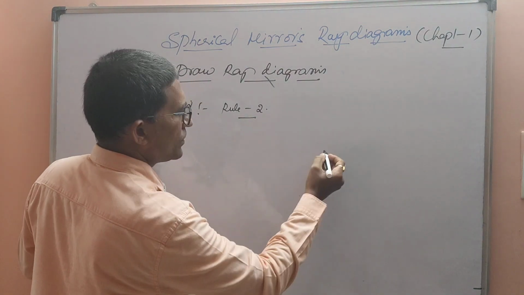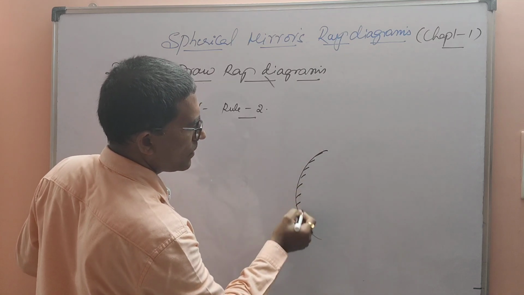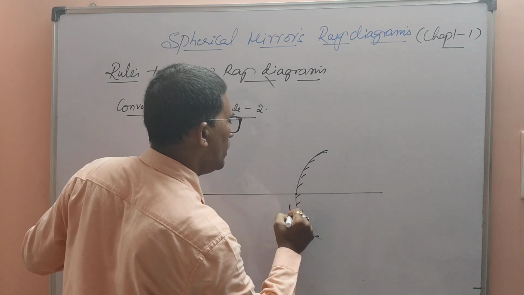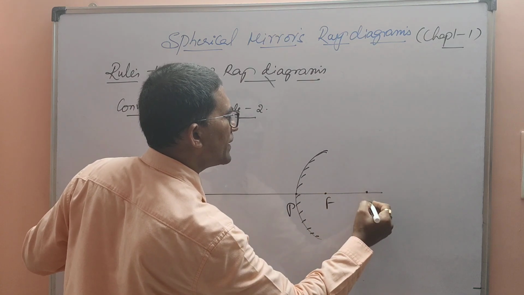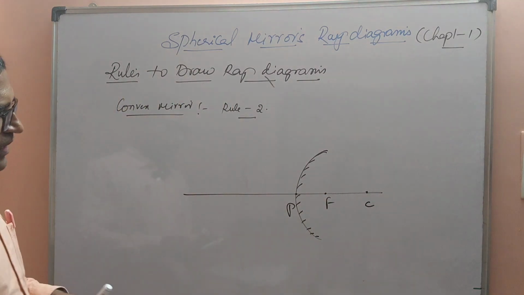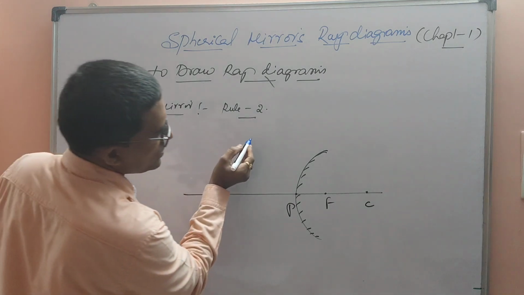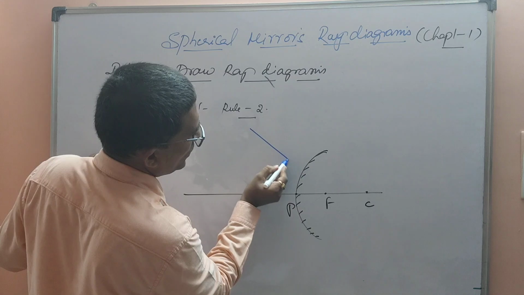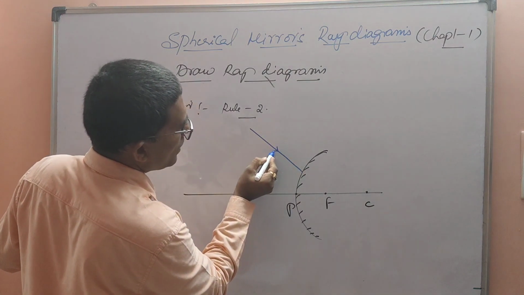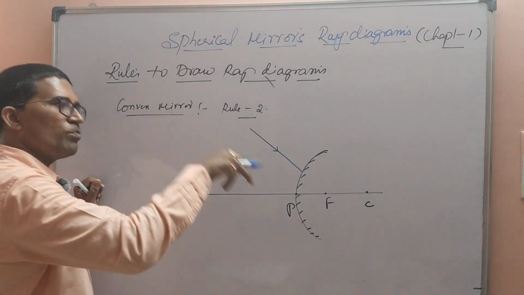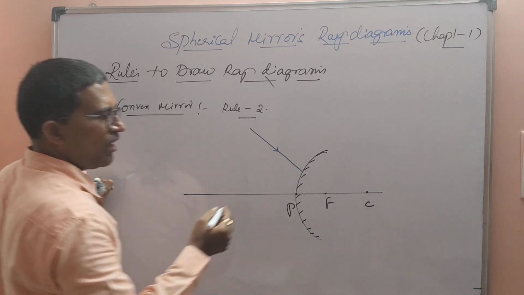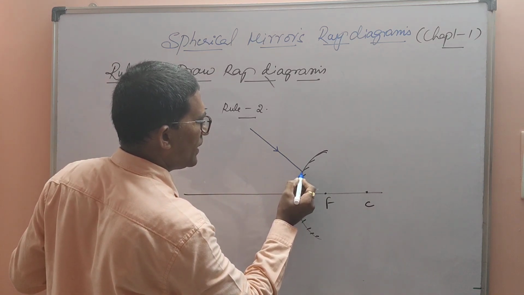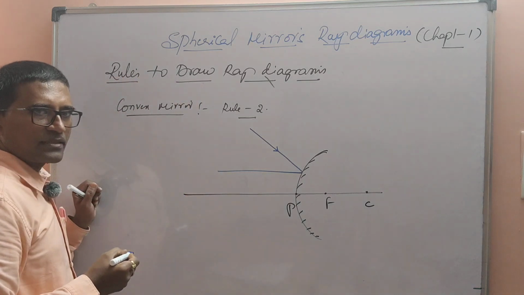So you know well, this is a convex mirror, and it is the pole, and it is the focus, and it is the center of curvature. Now if the incident ray is passed with a certain angle in the direction of the focus, after reflection it diverges, and this divergent reflected ray is parallel to the principal axis.